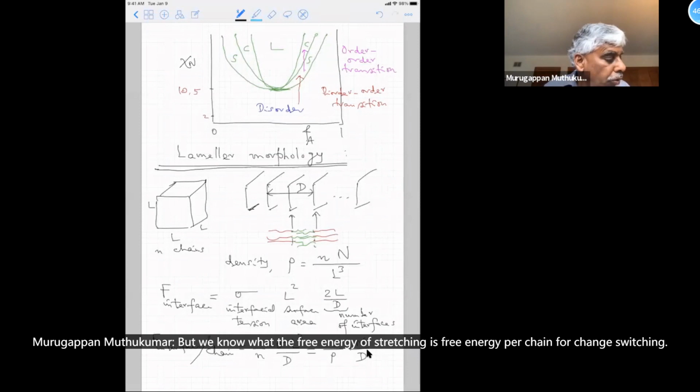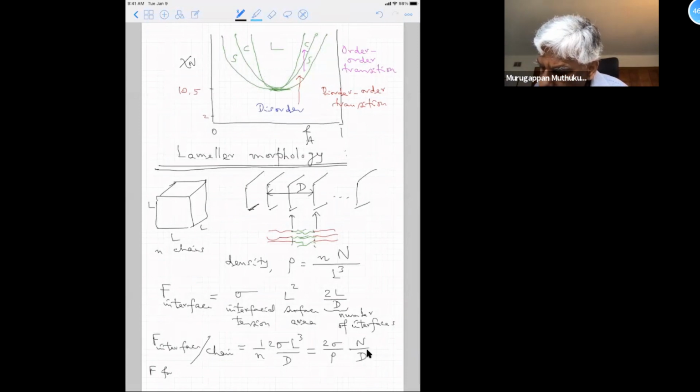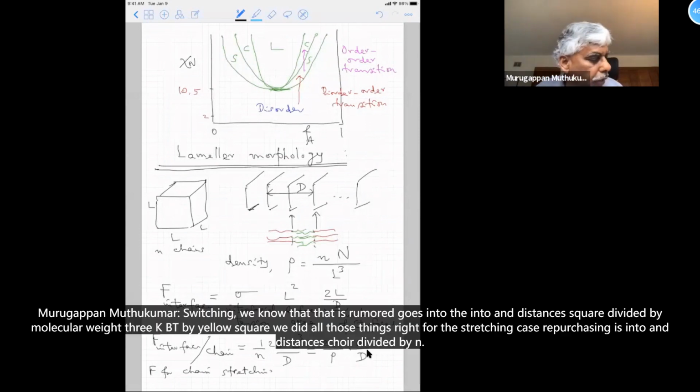But we know what the free energy of stretching is. Free energy per chain for chain stretching, we know that. Remember the Gaussian chain, end-to-end distance squared divided by molecular weight, 3 kBT by L square. We did all those things, right?